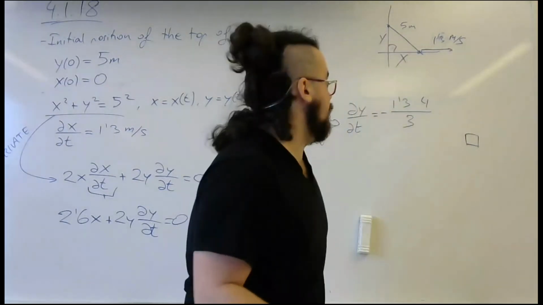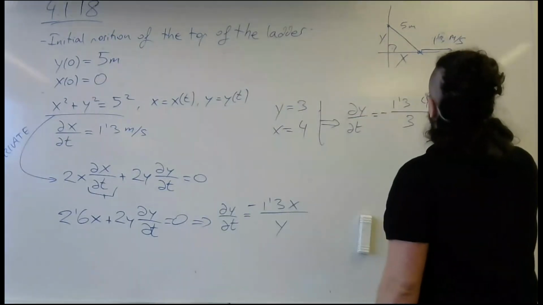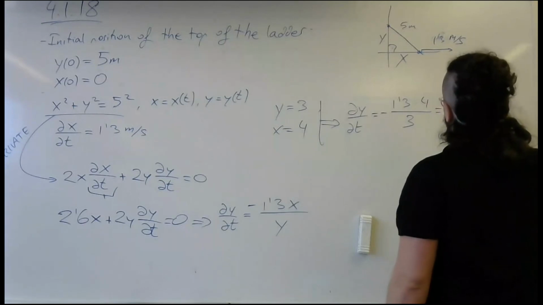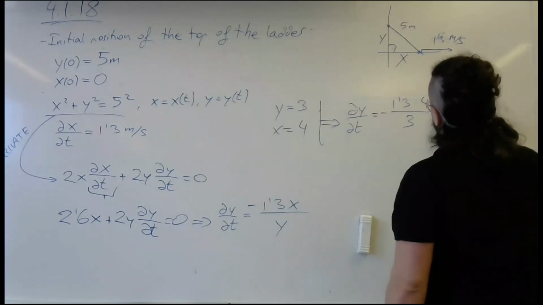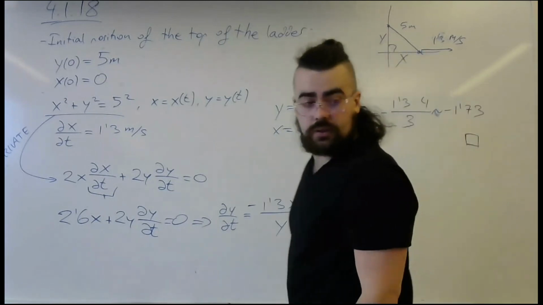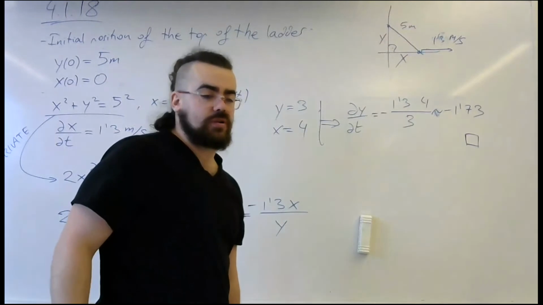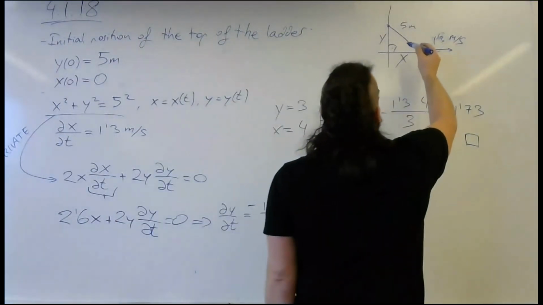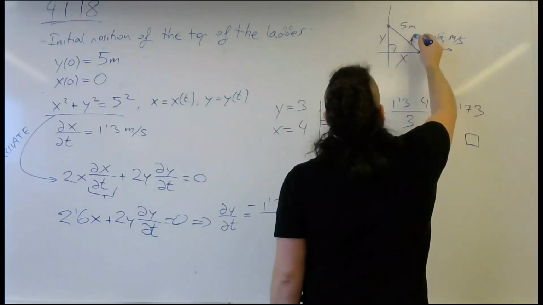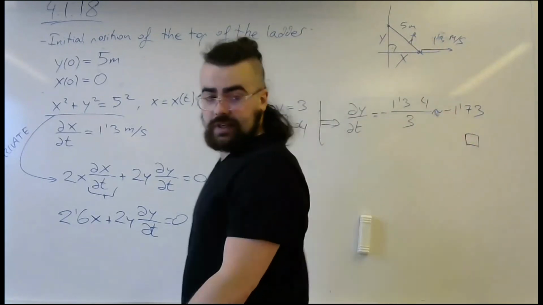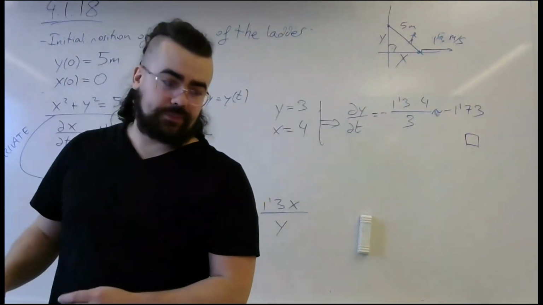And that's approximately minus 1.73. So the stair is falling pretty damn fast. I mean, the poor construction worker that is sitting, for example, over here, is definitely going to have a bad time.